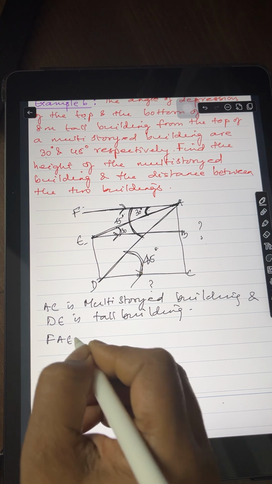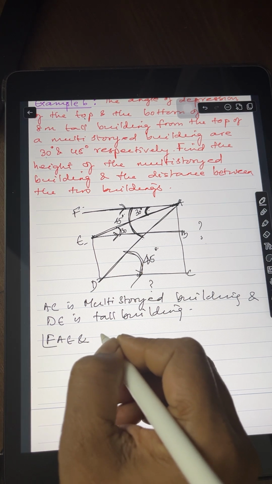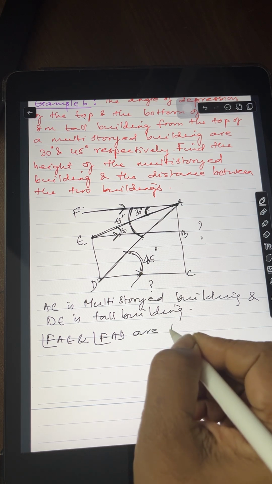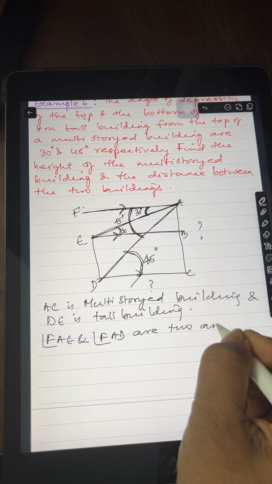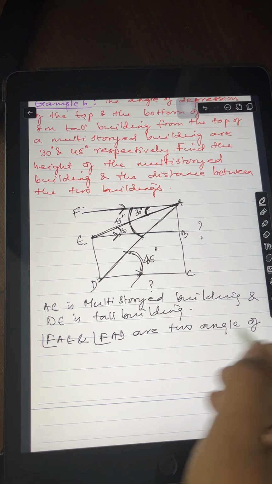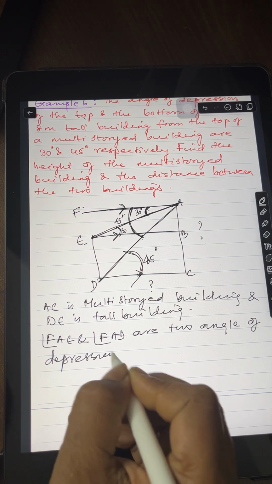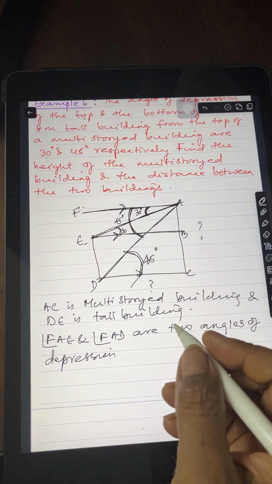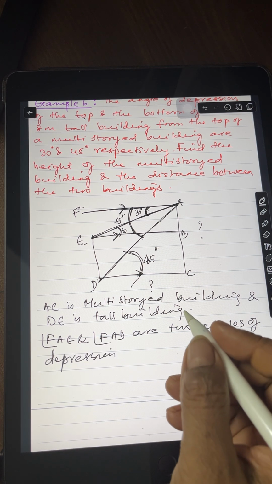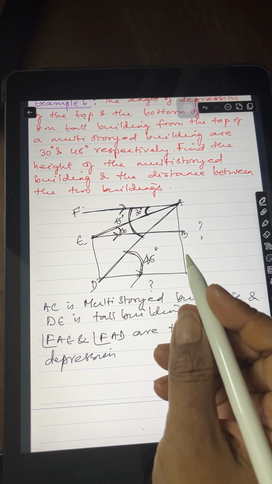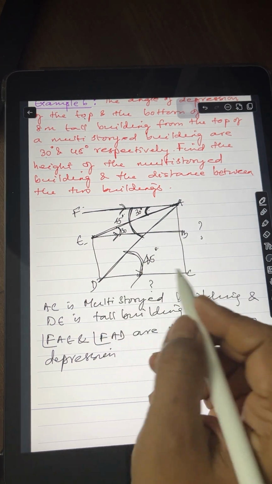FAE and FAD are the two angles of depression. Now what you will have to do is take this triangle ADC.